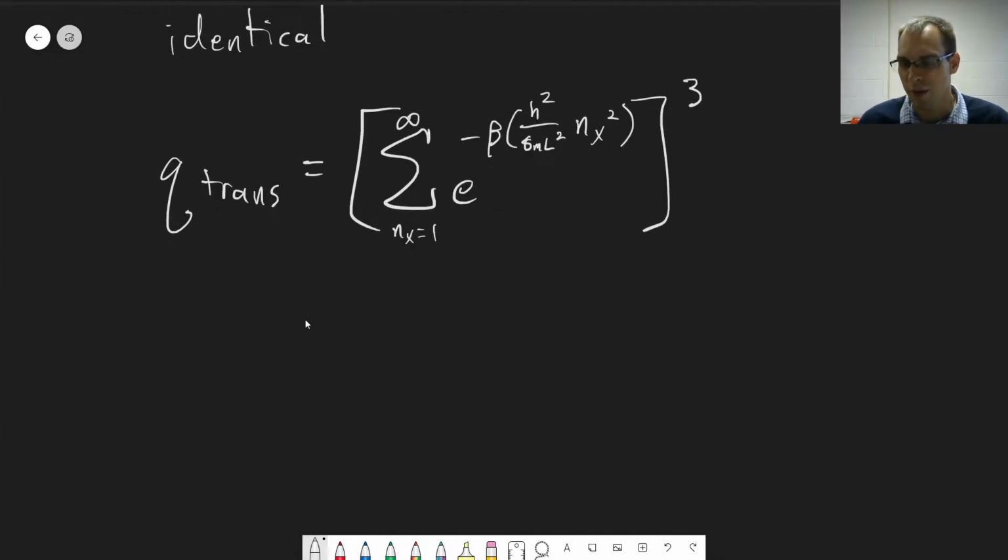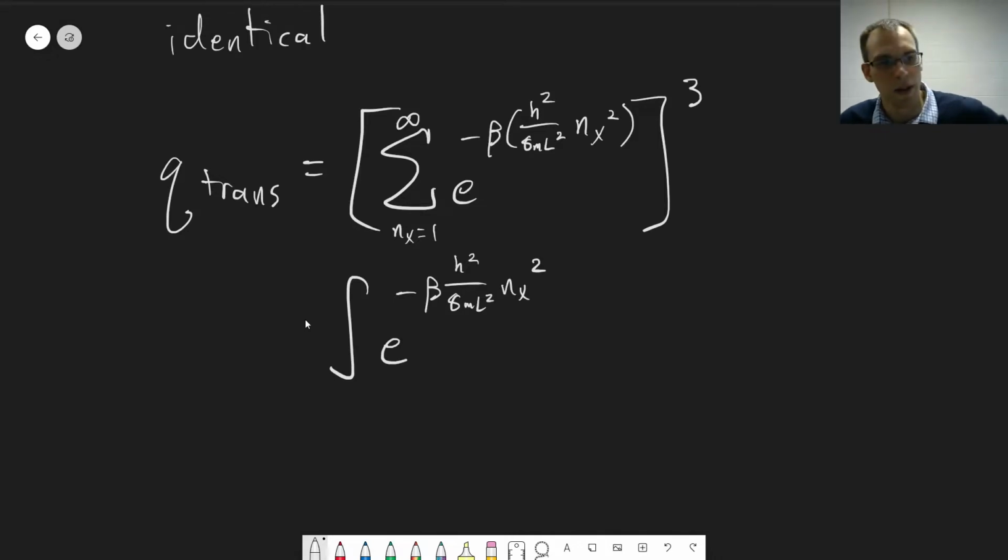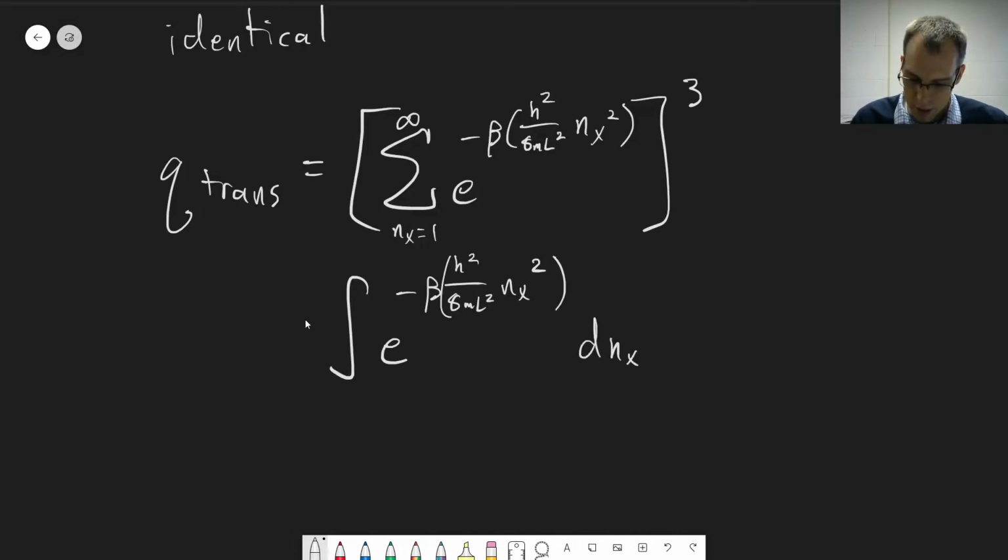Because unlike for a sum, if we had, say, an integral of this, e to the minus beta h squared over 8ml squared times nx squared, this is something that we could solve. Well, if this starts at 0.